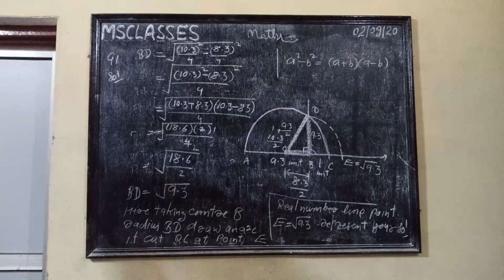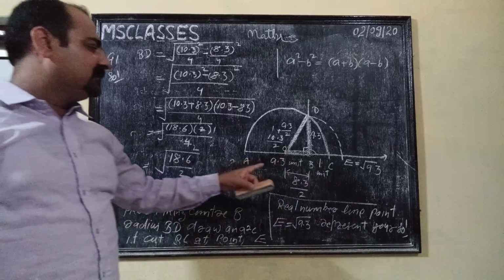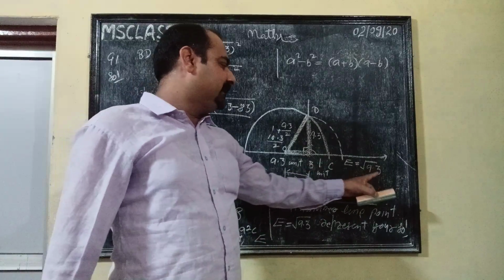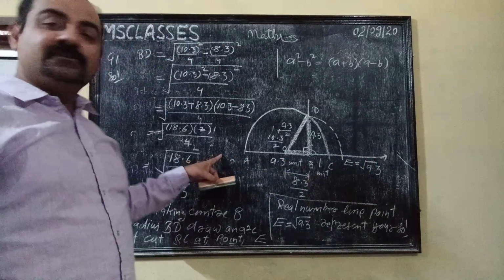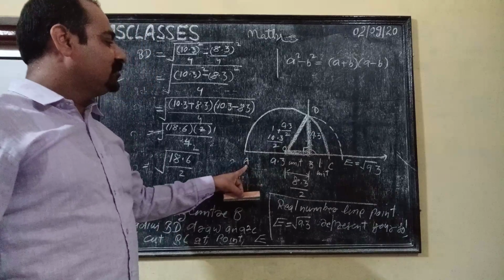So this is your question, represent under root 9.3 on a real number line. So guys, this is the solution.